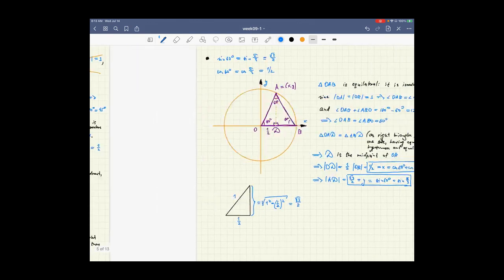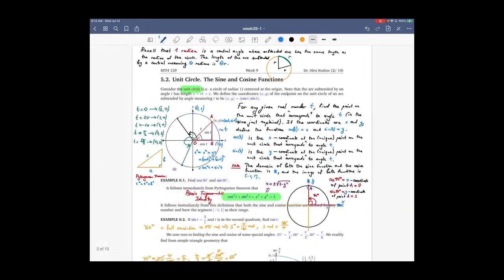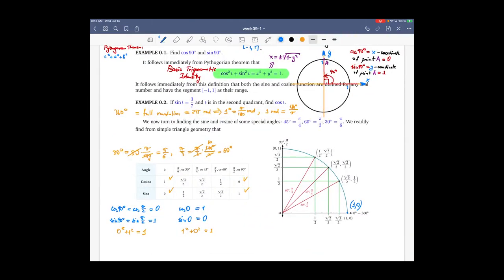All right, we have explained where this table comes from. And again, look at the relative symmetry of this table. We will explain where this symmetry comes from once we get to cofunction identities.